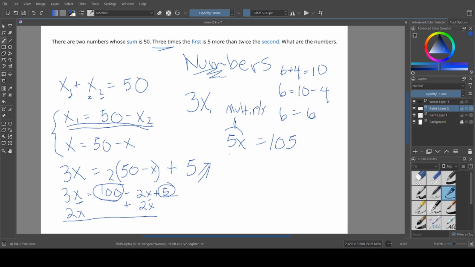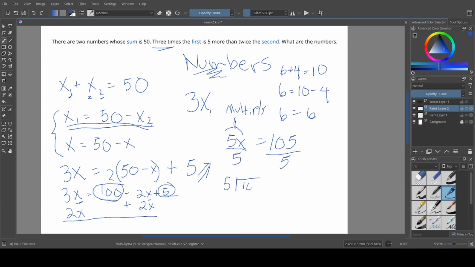So I'm going to divide by 5. When I divide one side by 5, I have to divide the other side by 5. Now, I know the answer in my head, but I'm just going to do it out. I have 5 divided into 105.